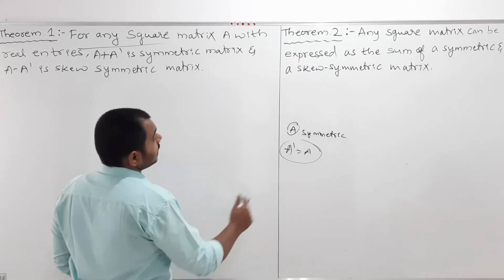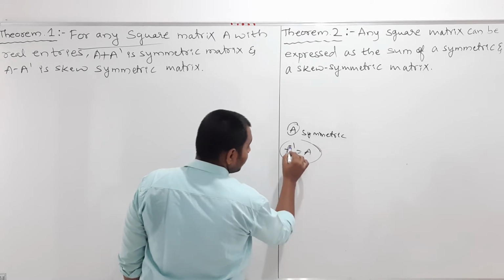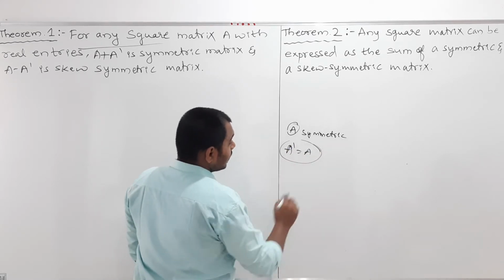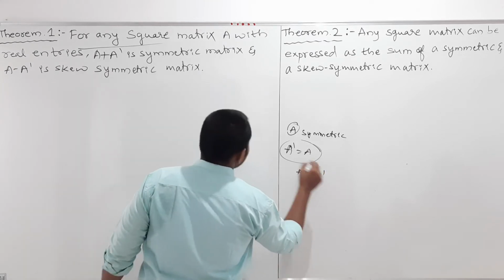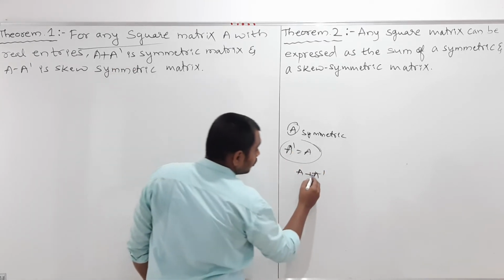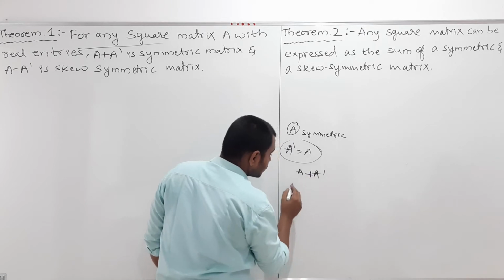So now my aim is, A is said to be symmetric if A transpose equals A. Now if I want to prove that A plus A dash is symmetric, what should I take?